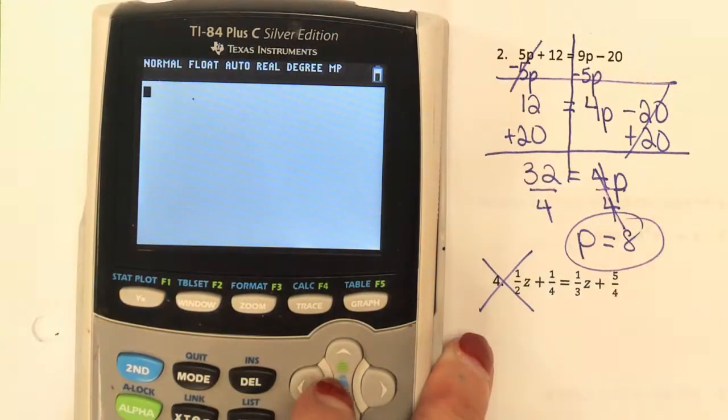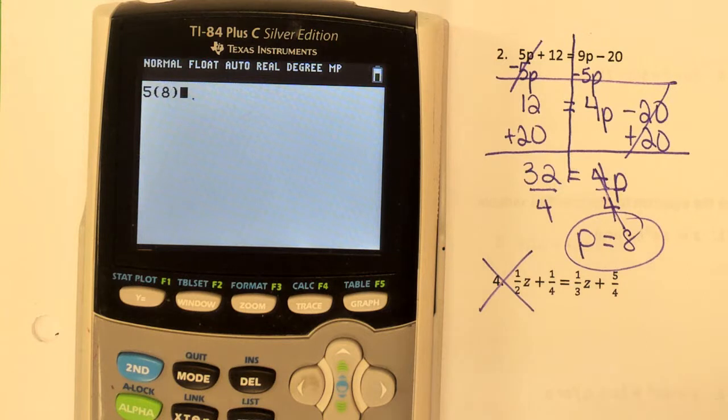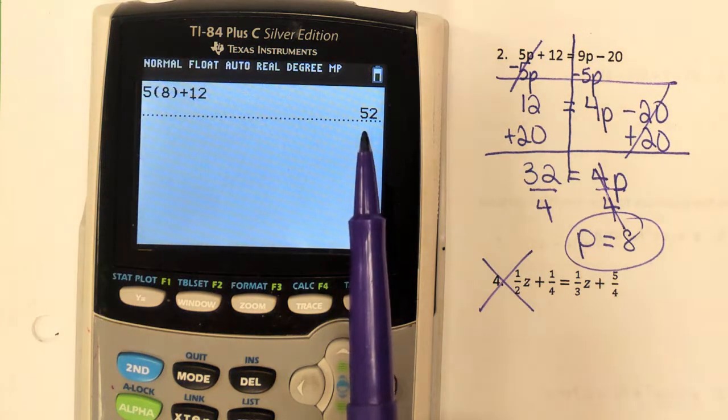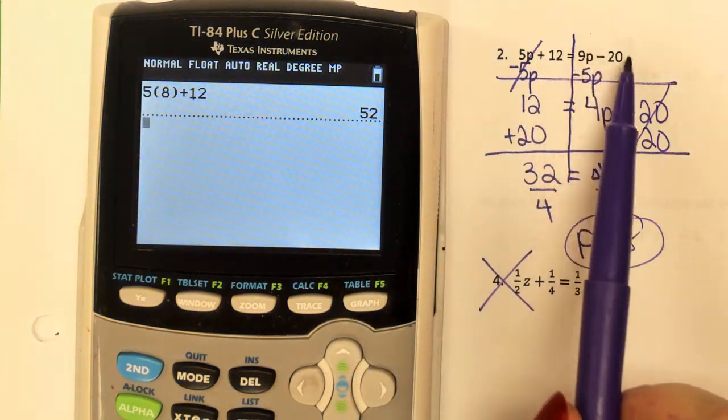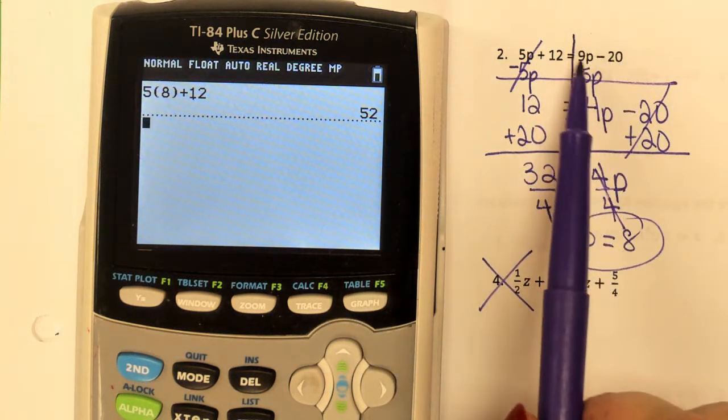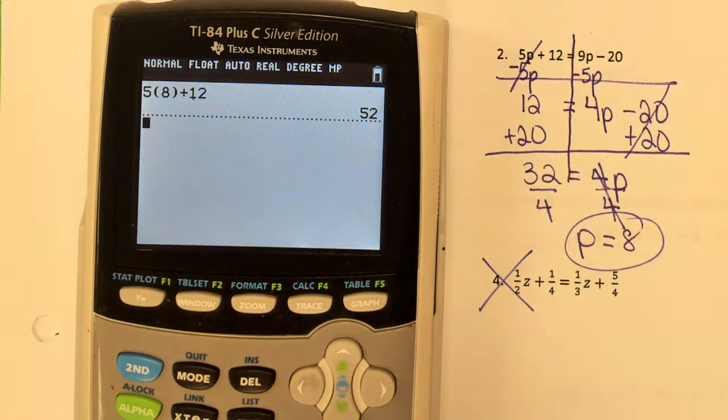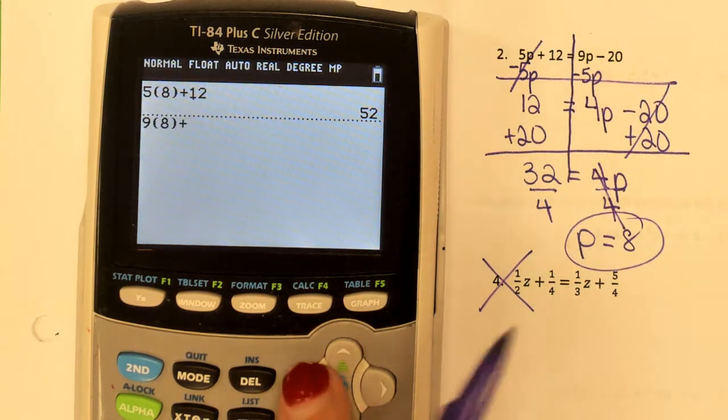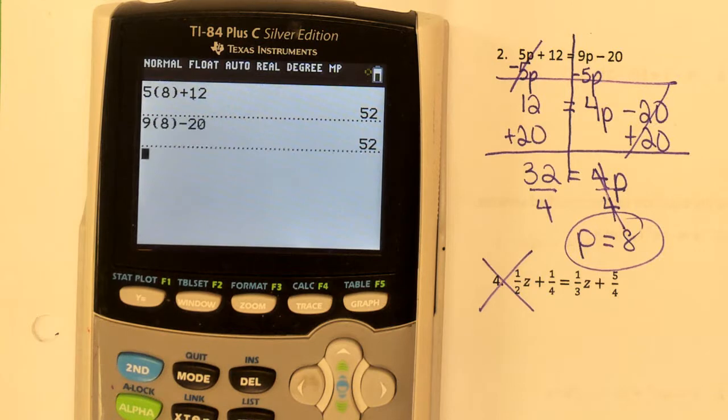They have to match up. So 5 times 8 plus 12 is how much? 52. And when I plug it into the other side, what's that other side have to equal? 52. So let's check it, make sure. Oh, minus. Is my answer right? My answer is right.